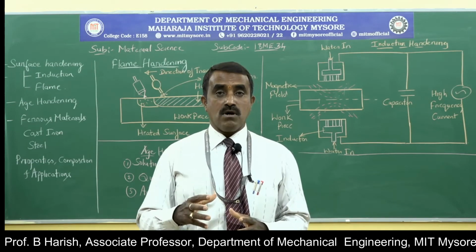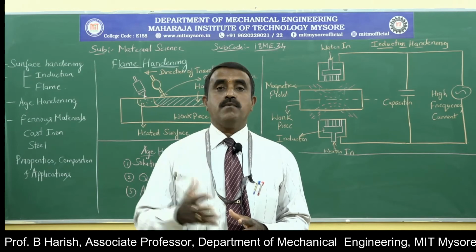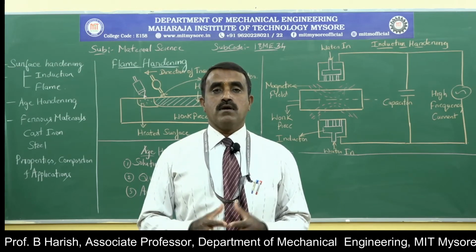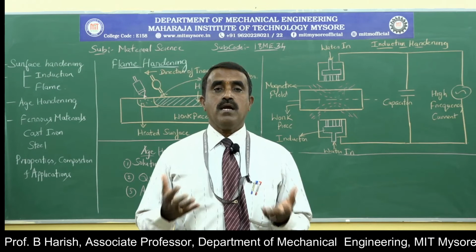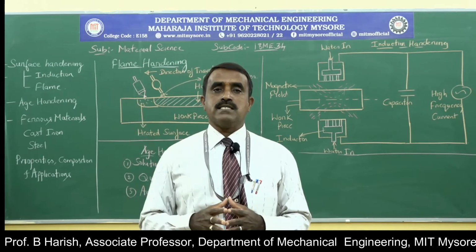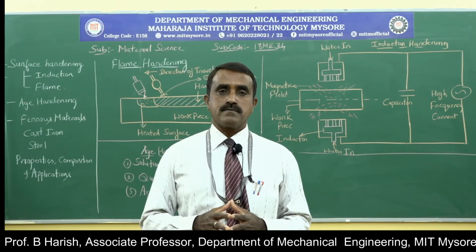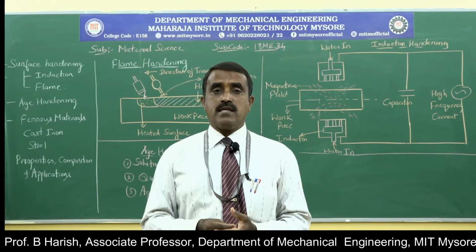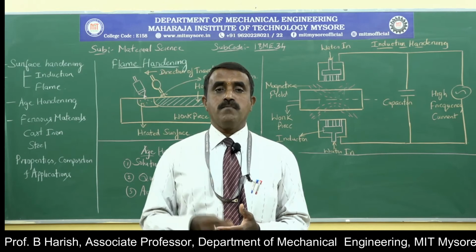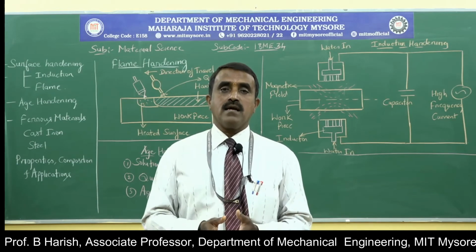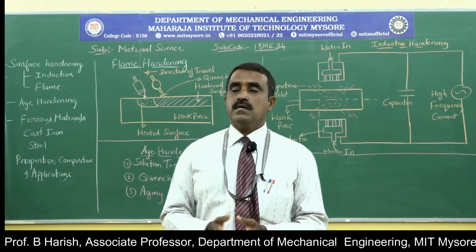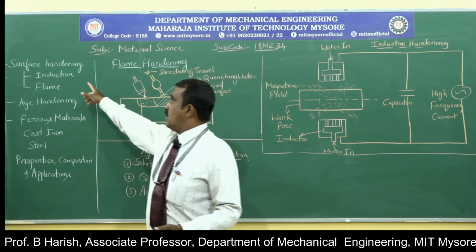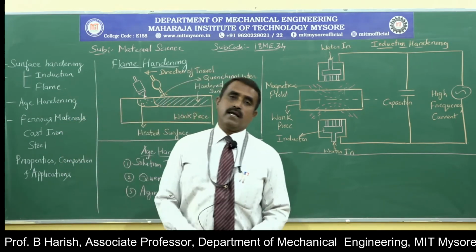Now, based on the medium that is used for heating, this is classified into two types. If you want to heat the specimen, we should have a medium. Based on that, we got two types: the first one is induction hardening and the second one is flame hardening.